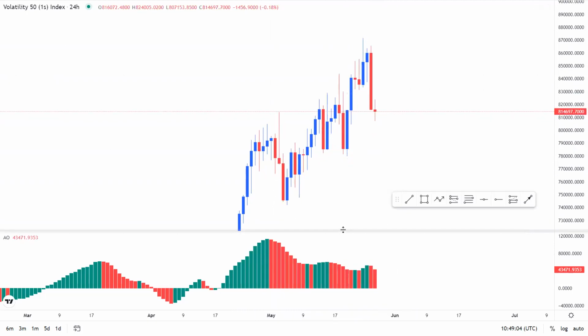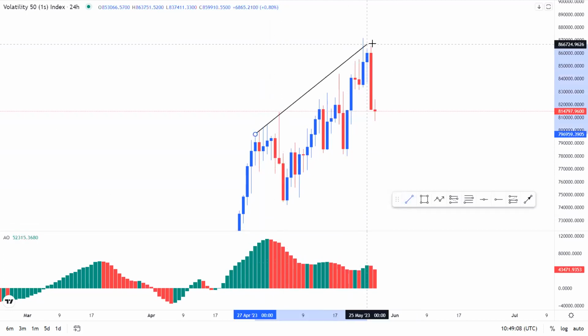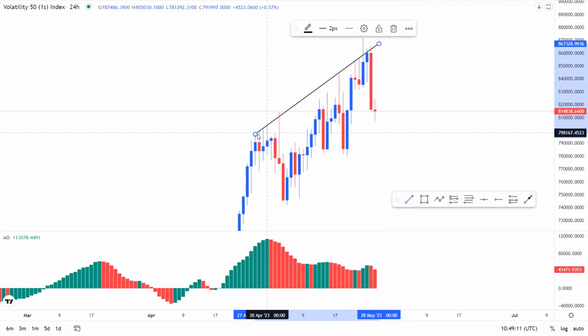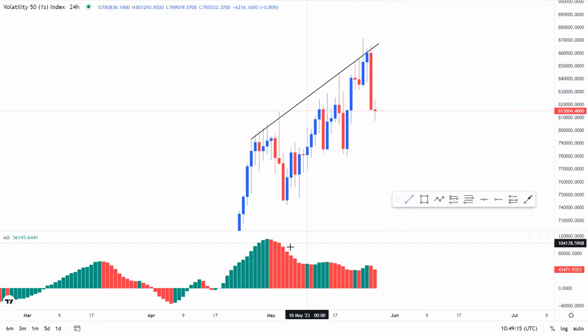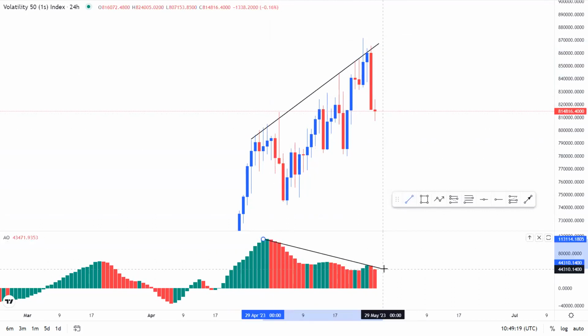And then when we compare that to the price movements of the candlestick in comparison to the awesome oscillator, you can clearly see we have ourselves a case of divergence right here.